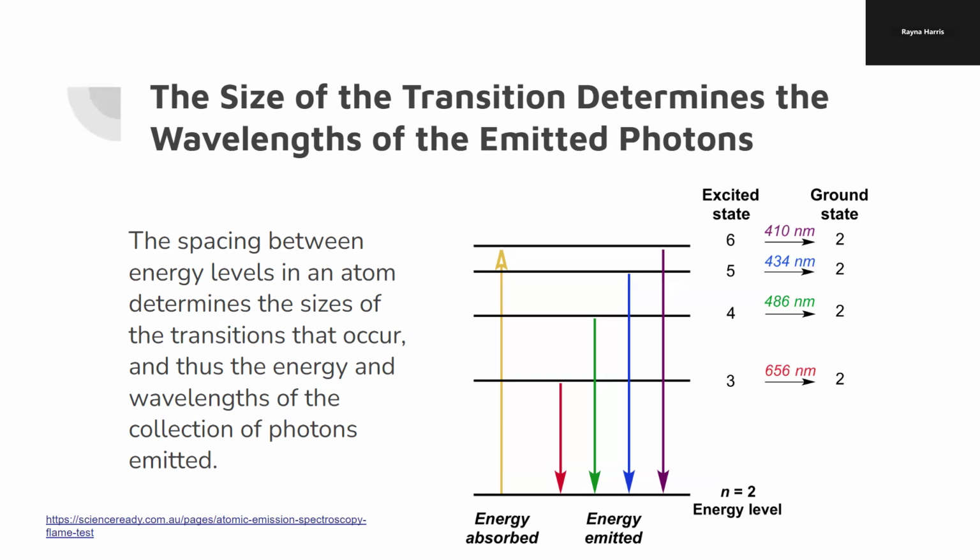So the more spacing between the energy levels, the greater the energy release. It's kind of reciprocal: bigger distance, shorter wavelength; shorter distance, larger wavelength. So shorter transition, red; higher transition, violet. The color that is emitted tells us something about how much energy was released.